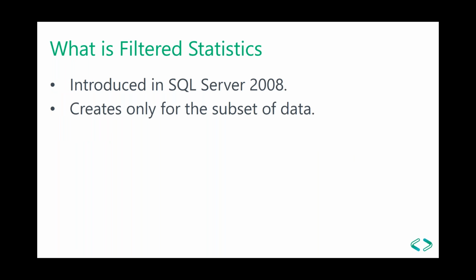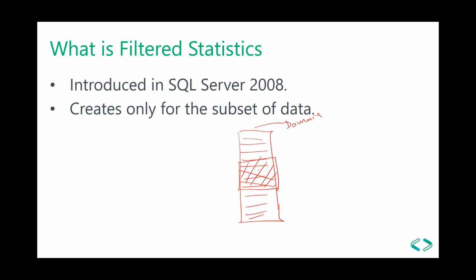Okay, what is filtered statistics? Filtered statistics was introduced in SQL Server 2008, and it is created only for a subset of data. Let's say you have a column with many data values; we call it a domain, a series of values which has common attributes. Filtered statistics is applied only for a specific set of data, not the entire data set.